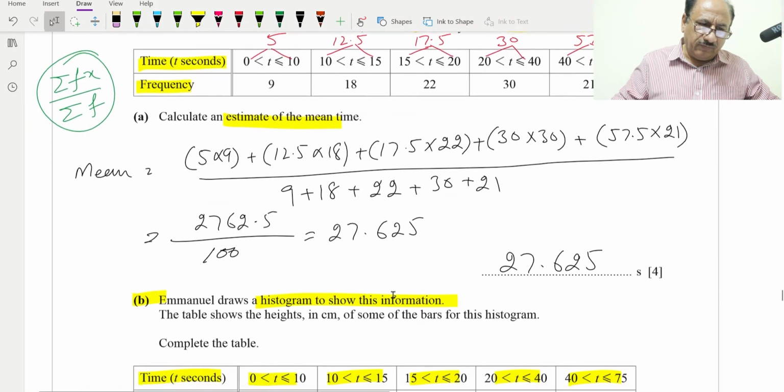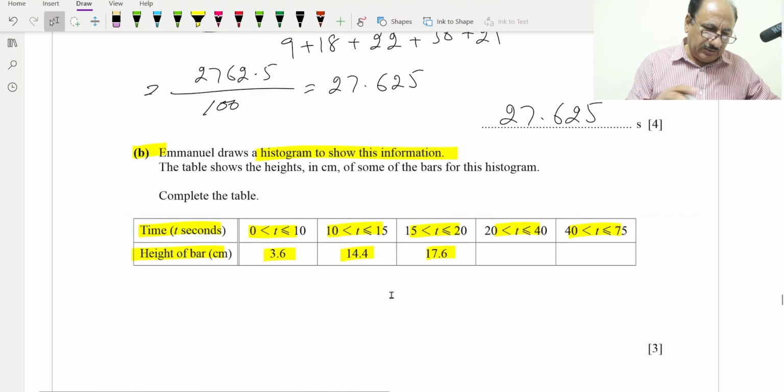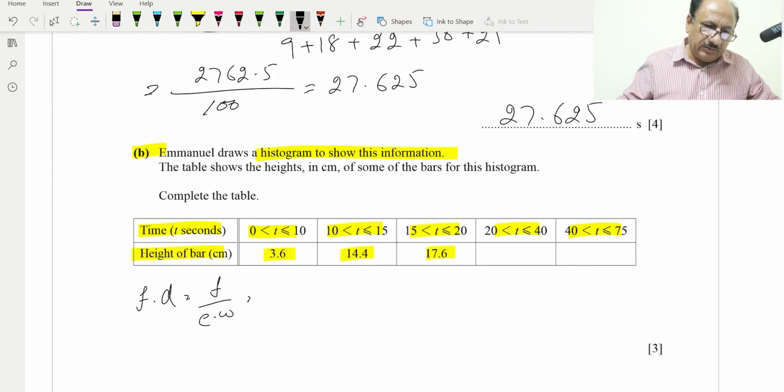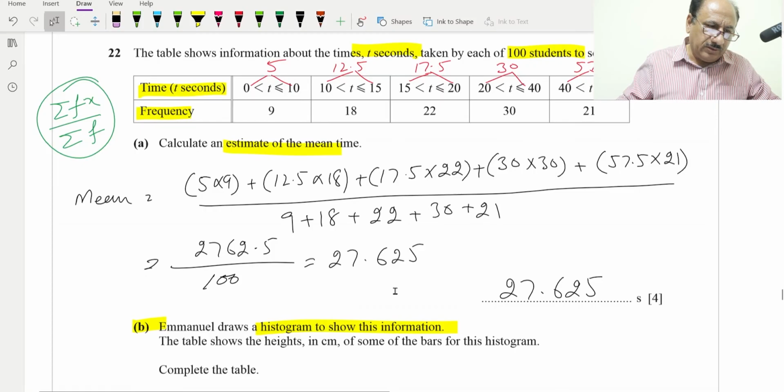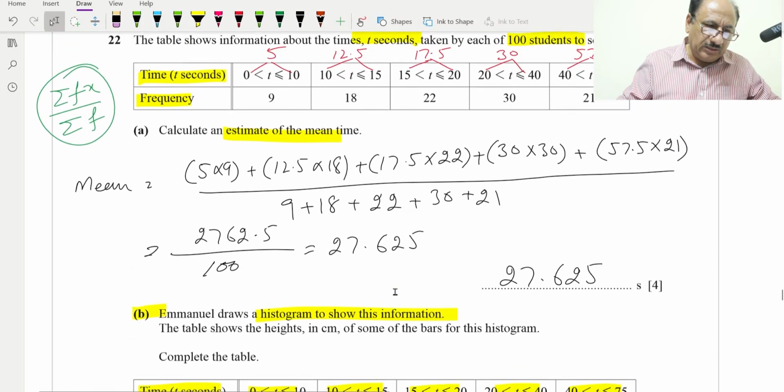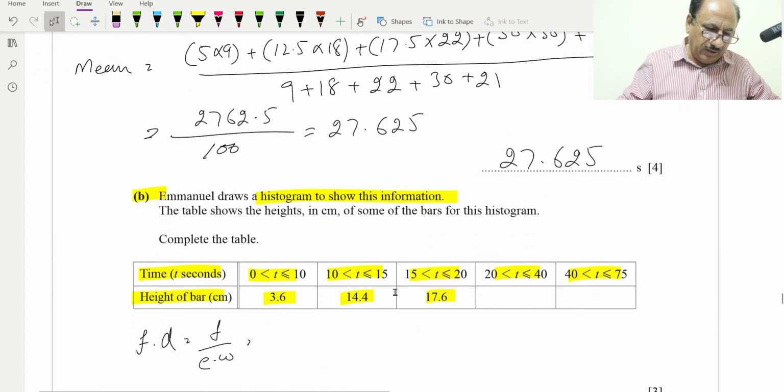First we'll calculate frequency density, and then we'll calculate the multiplier. So frequency density, we know, is equal to frequency divided by class width, and we can check this from here, and for the first one, which is 9 divided by 5.